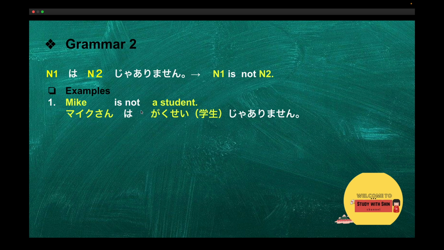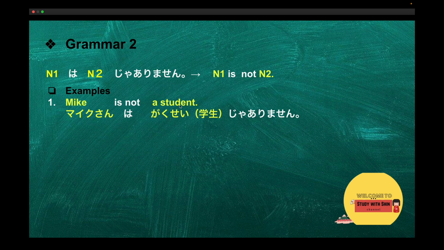学生. You can see each word will be pronounced as 学生. But in Japanese, if you want to sound natural, you would shorten this ku and then you say 学生. 学生じゃありません, which means Mike is not a student. Mike さんは学生じゃありません.